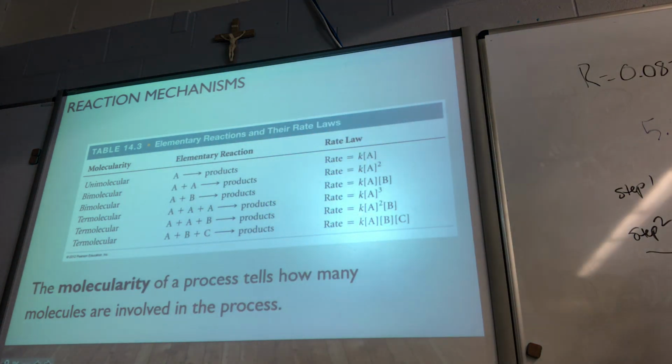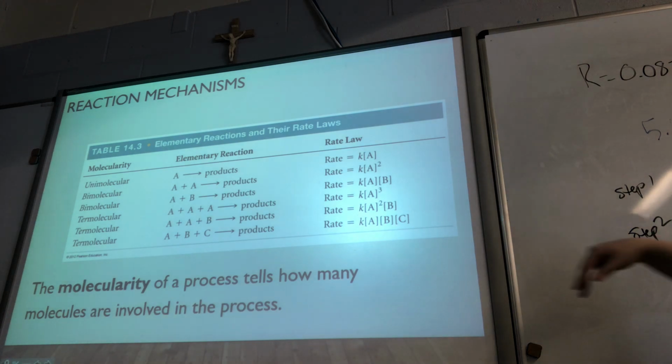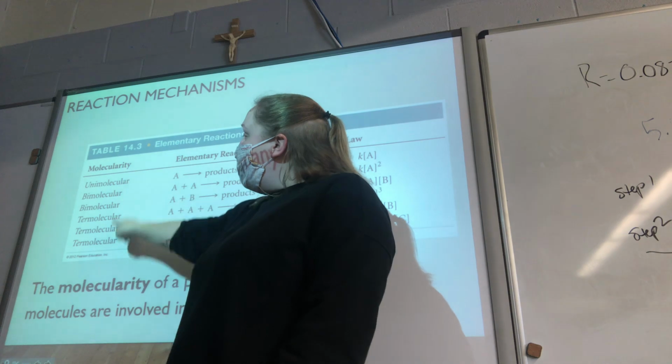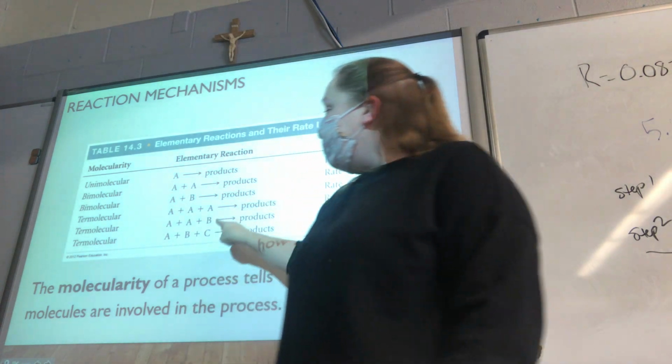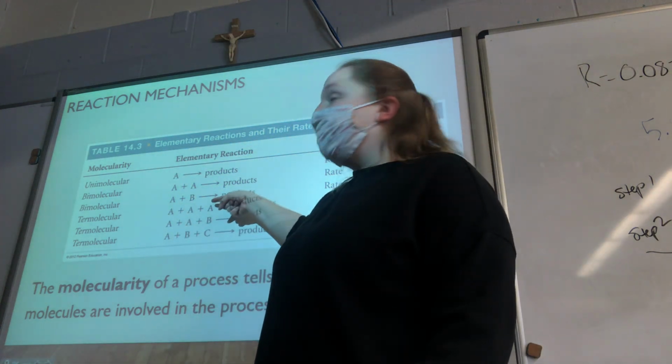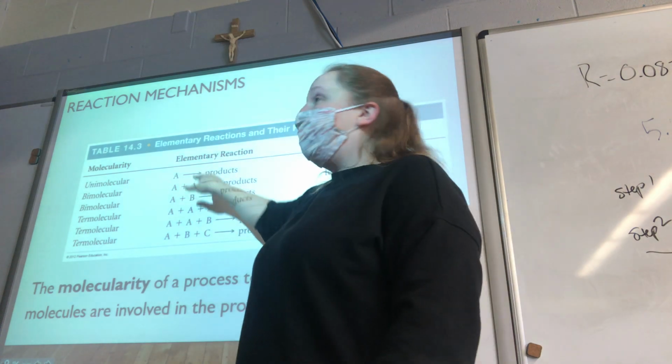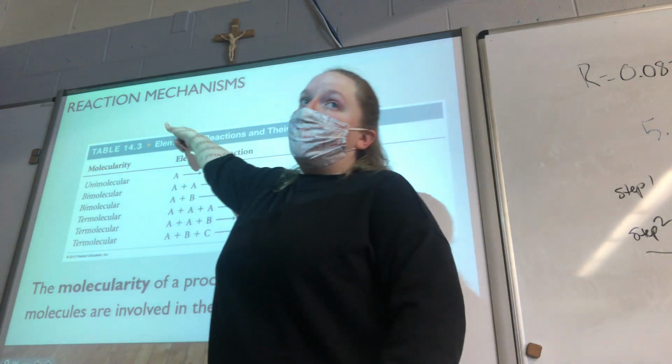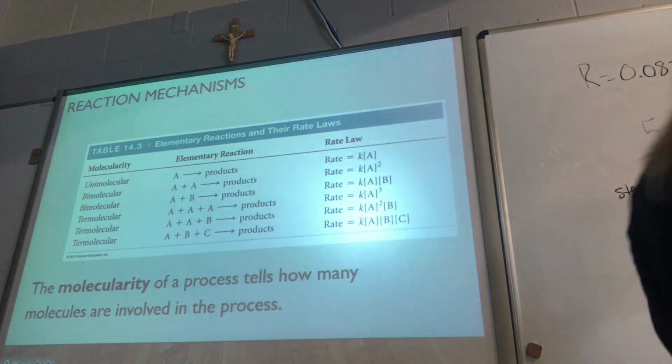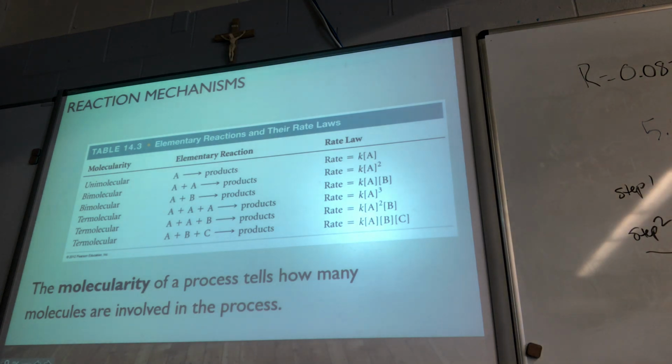Uni means one, bi means 2, ter means 3. What we're referring to when we say those things are our reactants. So 3 reactants, termolecular. 2 reactants, bimolecular. 1 reactant, unimolecular.